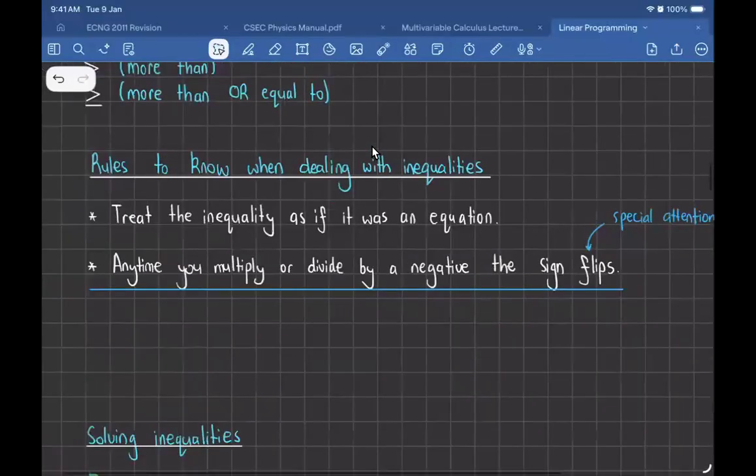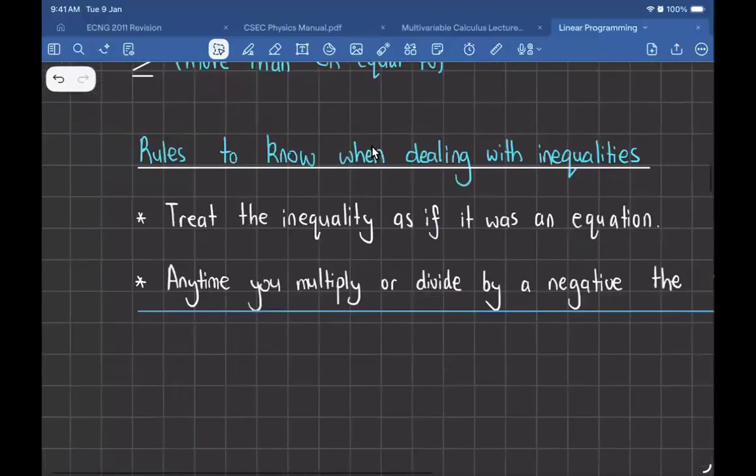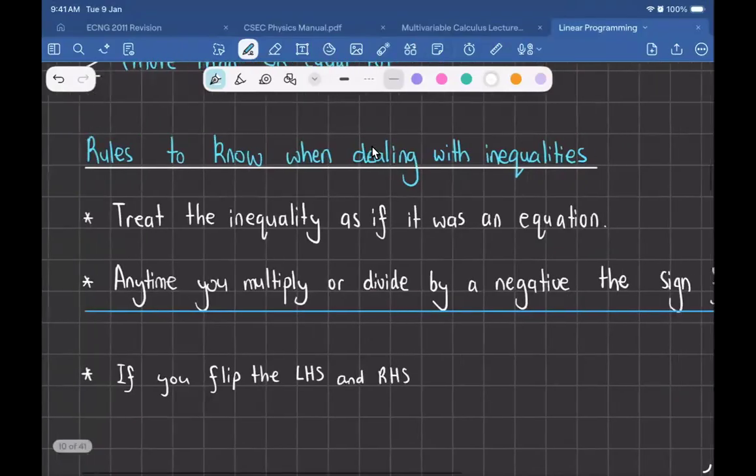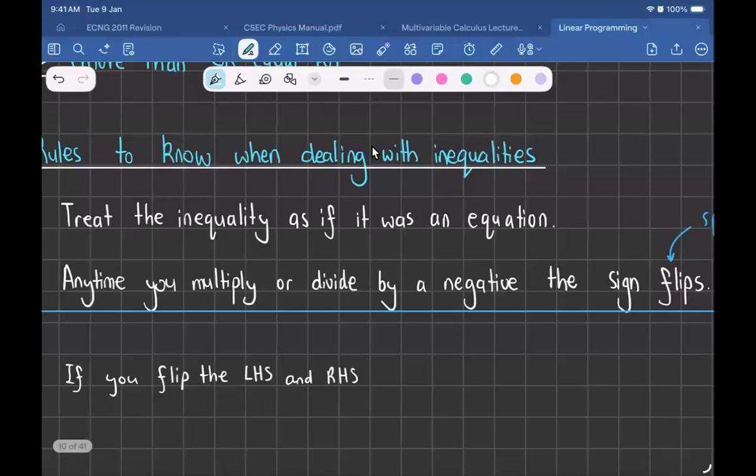But anyway, there are more rules, right? Let me just add in another one.